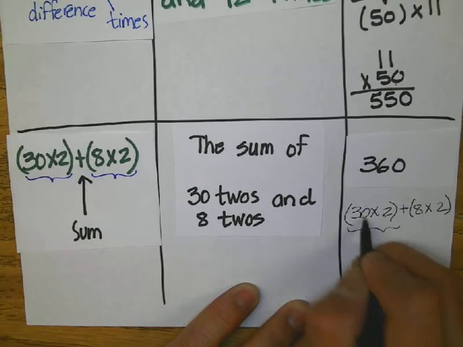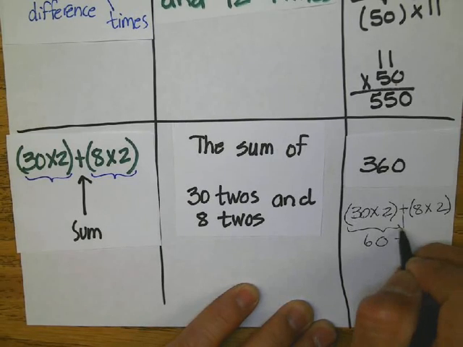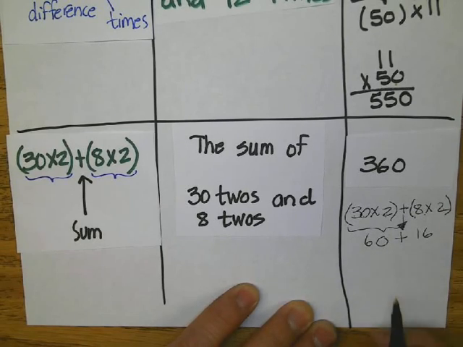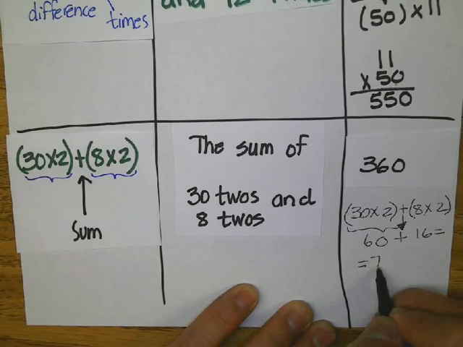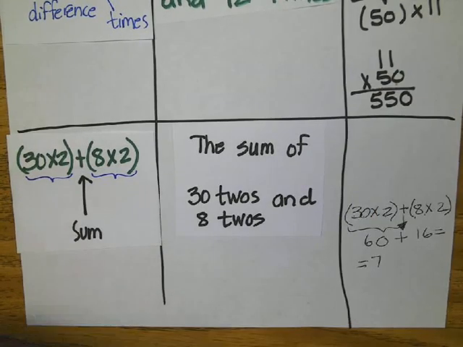That equals 60 plus. We lower the plus sign, and we're going to answer these two. 8 times 2 equals 16. So when you do that, the solution equals 7... No. Did I write? Yeah, this is wrong. This is the answer for the top. Sorry. The answer for this is 76, my friends. So there you have it.